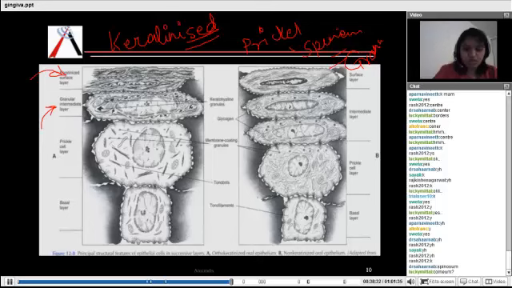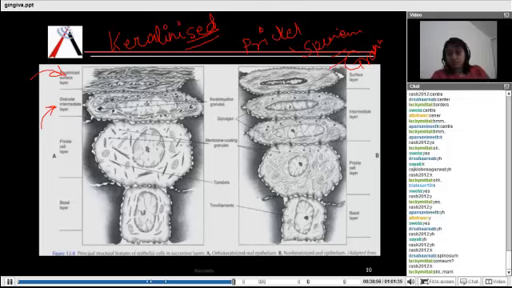It's the lucidum which is not present. Yes, it's basically the corneum which is present.